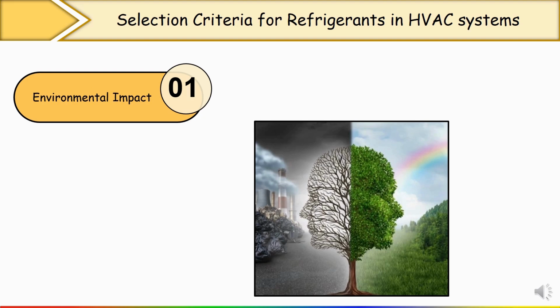Always choose a refrigerant with low global warming potential to minimize its contribution to climate change, and prefer refrigerants with zero ODP to protect the ozone layer. CFCs and HCFCs should be avoided as they have high ODP. Instead, you can go for hydrofluorocarbon HFC types of refrigerant. These are the things to remember while selecting a refrigerant for an HVAC system.